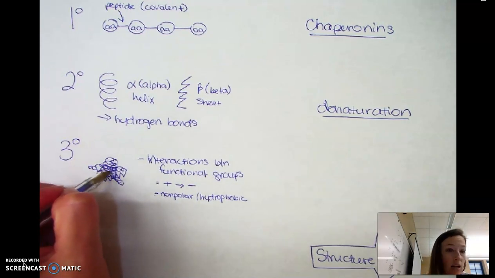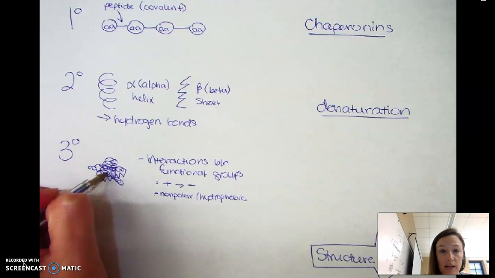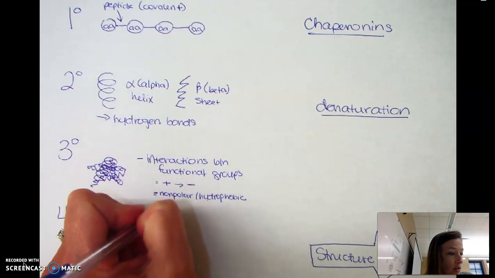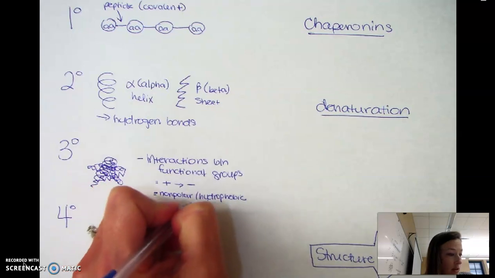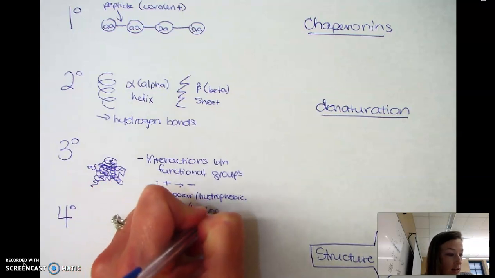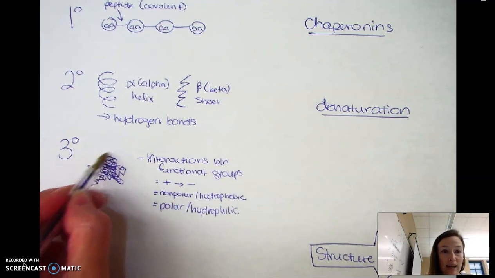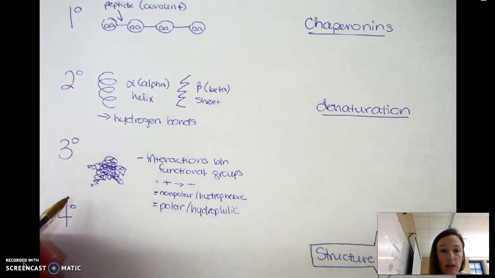And so they want to get in here where it's safe, where there's no water, because they are nonpolar and they don't like water. You might also have some polar functional groups. They are hydrophilic. They love water. So they're going to try to move more to the outside where they can interact with that water.